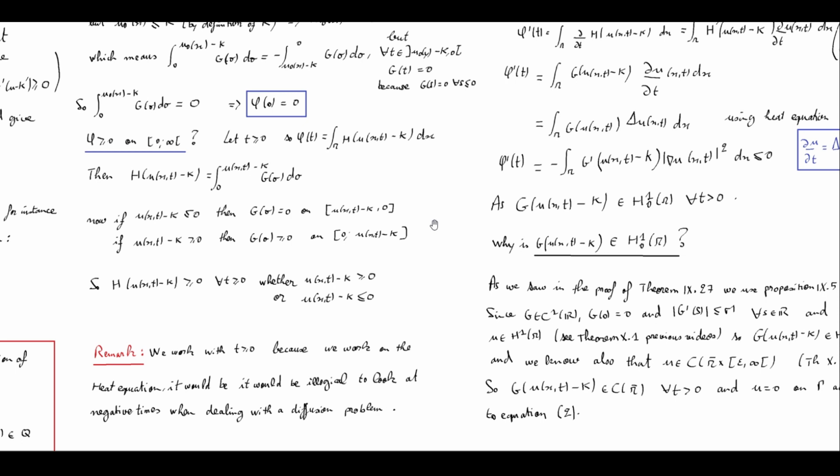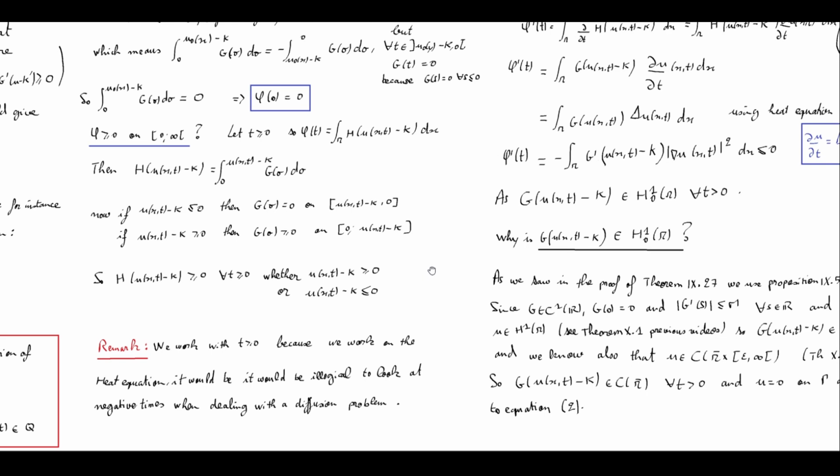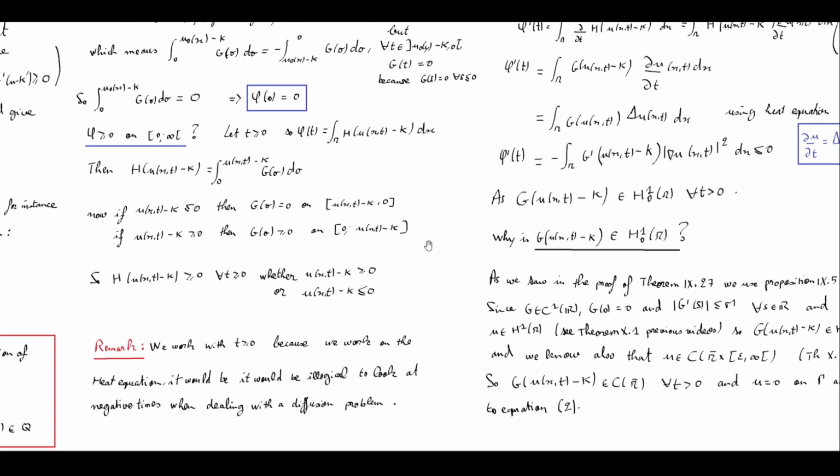So h of (u(x,t) minus k) is positive for all t positive, whether u(x,t) minus k is positive or negative. Remark: we work with t positive because we work on the heat equation. It would not be logical to look at negative times when dealing with a diffusion problem. It would mean we were going into the past, where we don't know anything because it has to start at time equal to 0.